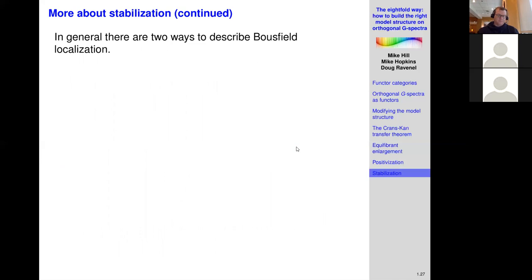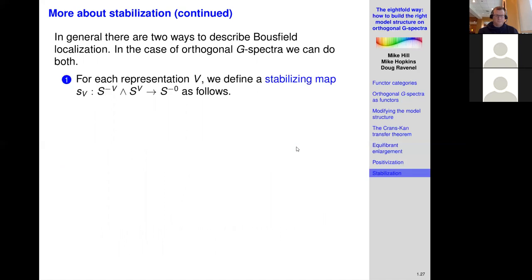Now, I'm going to end by saying how we do this in the case of interest, the category of orthogonal G spectra. So I can do both of them. For each representation V, we define a stabilizing map S sub V that goes from S minus V smash S upper V to the sphere spectrum as follows.